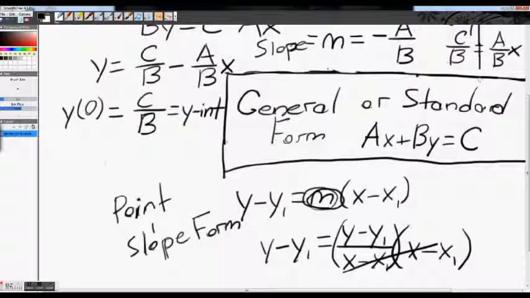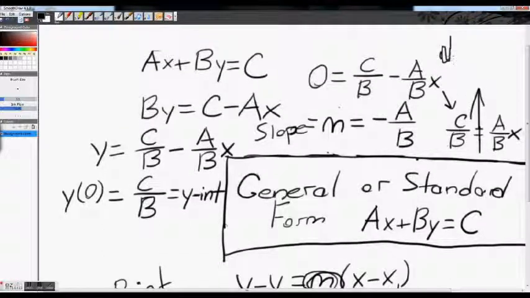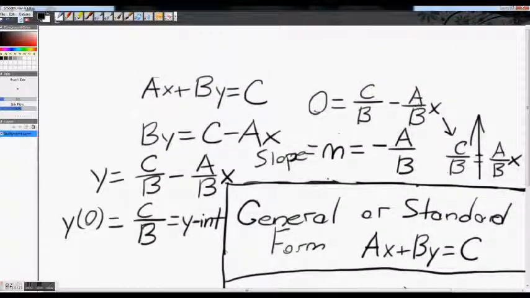And finally, c over b times b over a, because we're dividing by a over b.